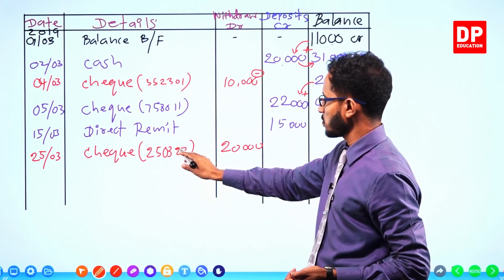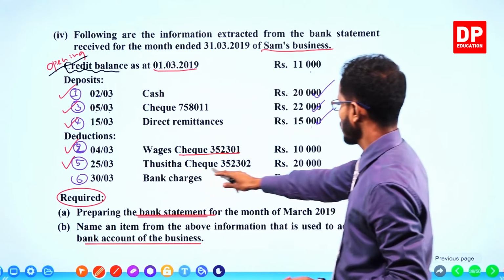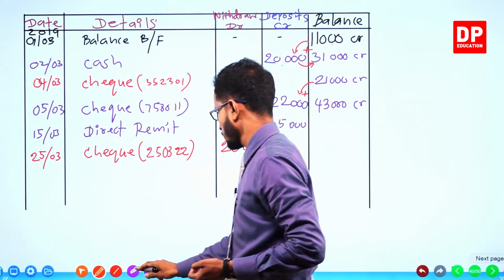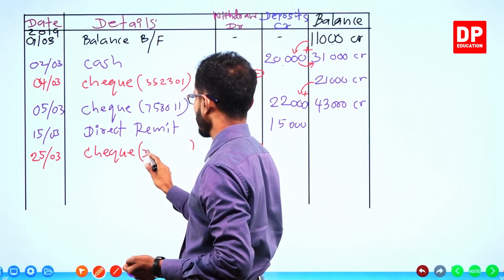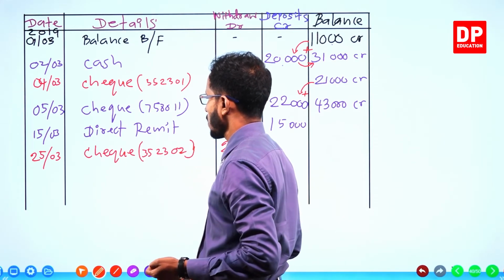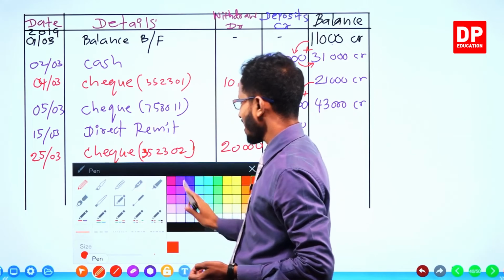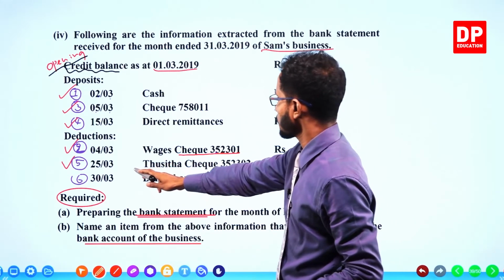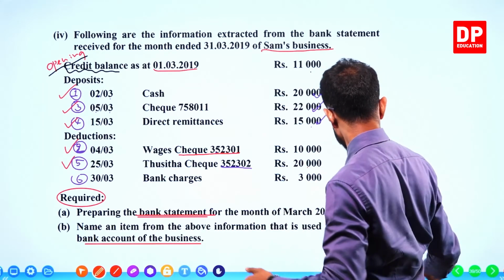Just make sure the check number is correct. 352302, 20,000. Yes, I'm sure it's correct.